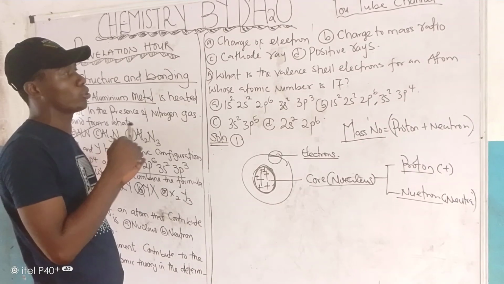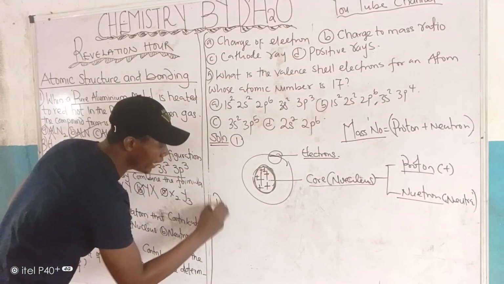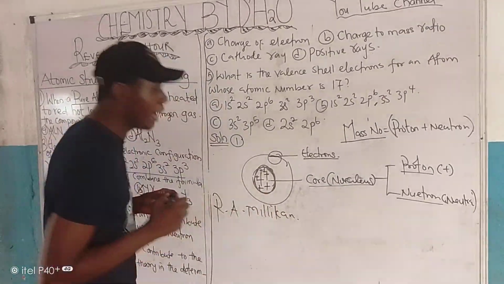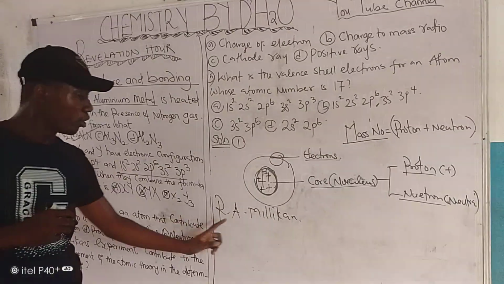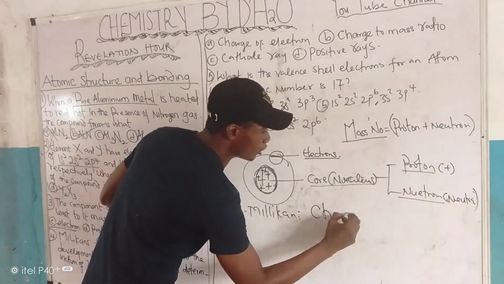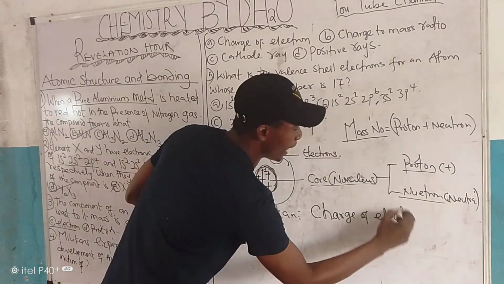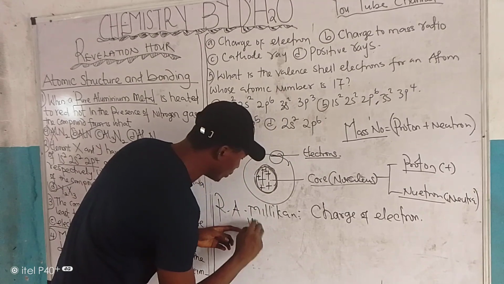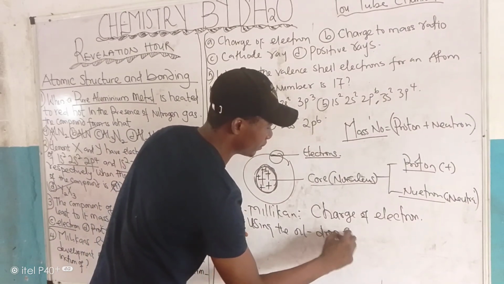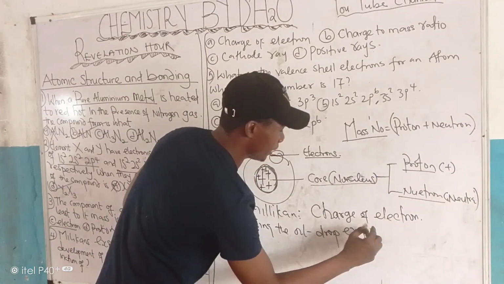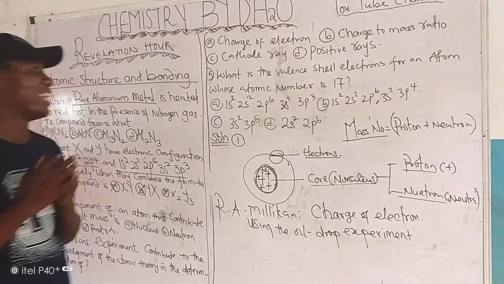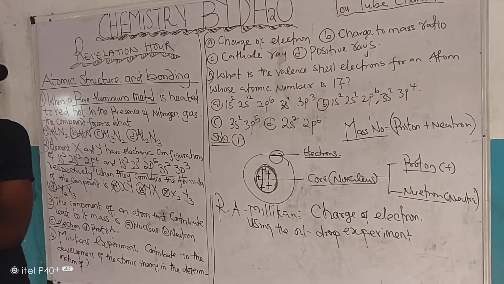Please remember, according to the atomic theory, Robert A. Millikan discovered or measured the charge of the electron using the oil drop experiment.